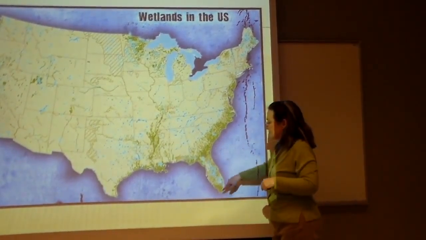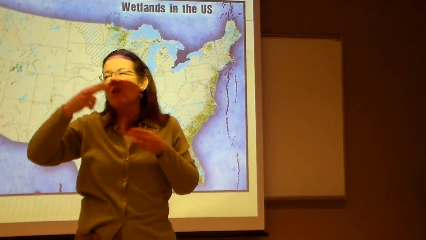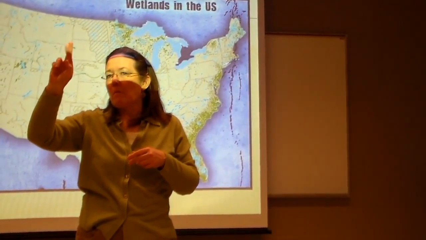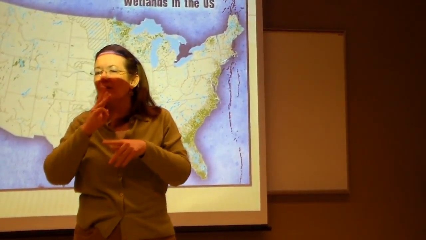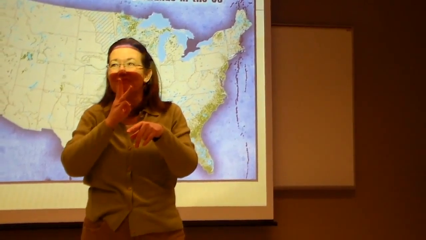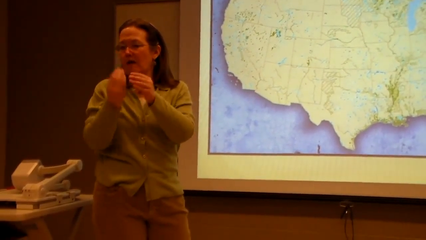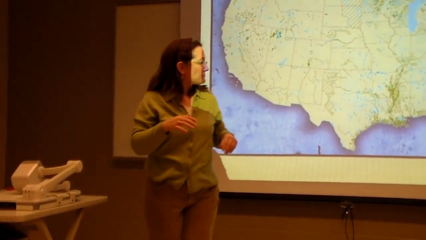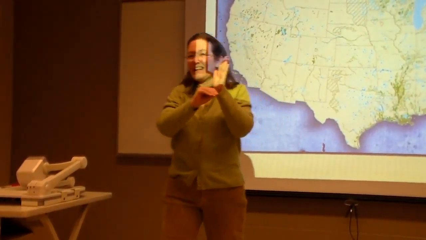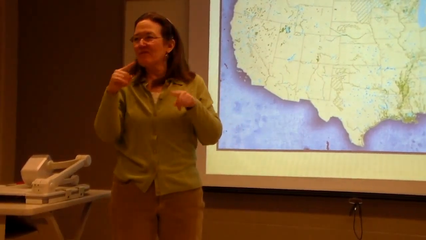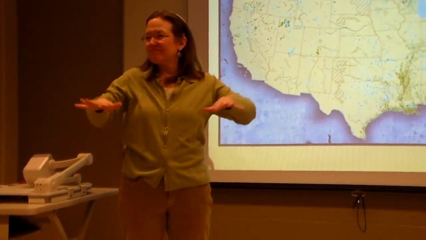As you can see here, along the coastal line are the coastal wetlands, called the coastal marshes. It's where fresh water and salt water intertwine. It has lots of specialized plants. Down here, I'm sure you're familiar with this, Louisiana, are very famous for their wetlands, their swamps and marshes.